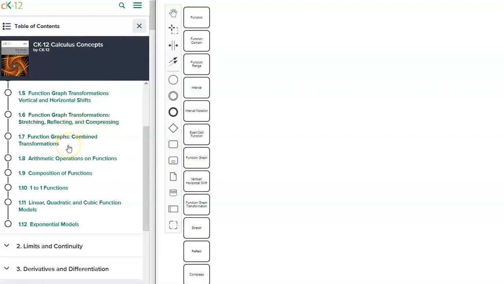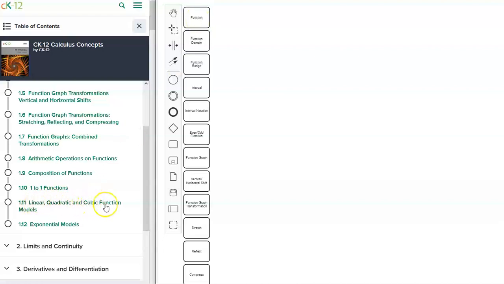That may be common amongst calculus concepts. We have combined transformations. I'm going to skip that one. Function graphs, there we go. Arithmetic operations on the functions. Composition of functions, one-to-one functions, lots of function stuff.